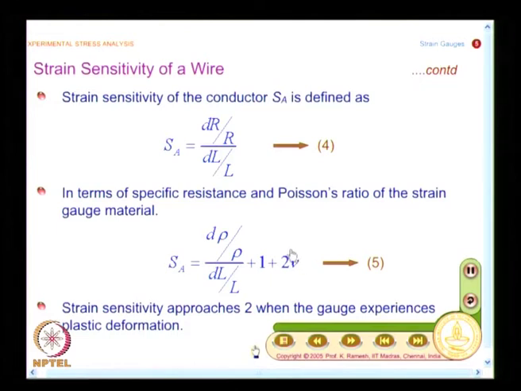And what you have here gives an indication that strain sensitivity approaches 2 when the gauge experiences plastic deformation. The change in specific resistance goes to 0 and your Poisson ratio approaches 0.5.